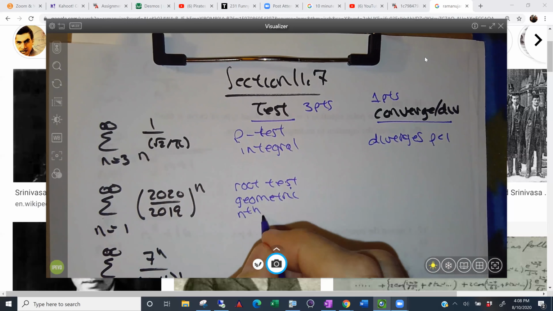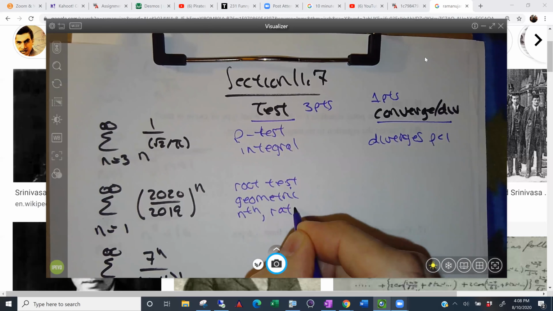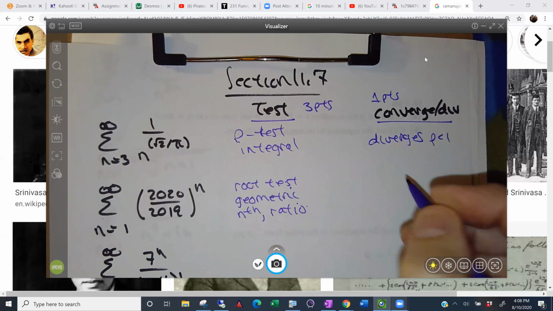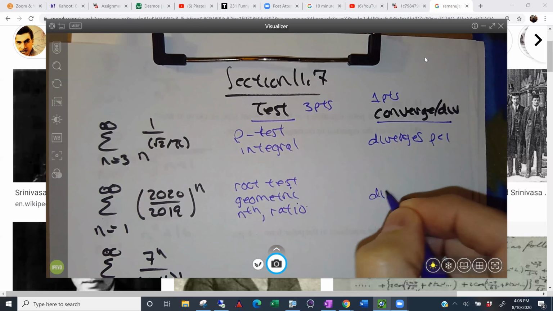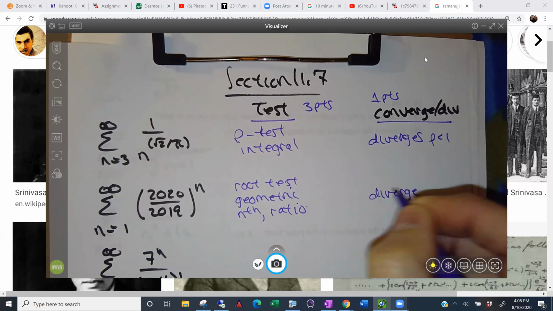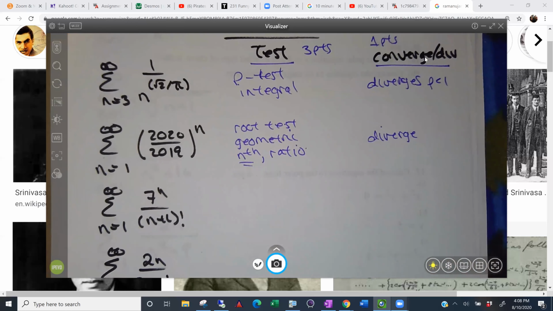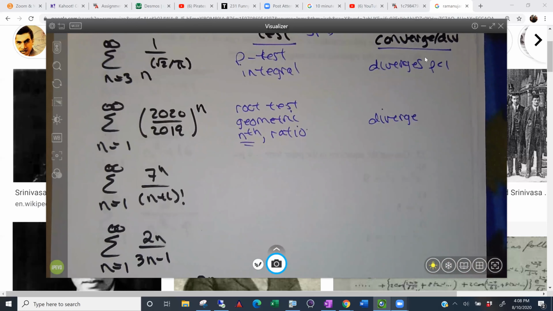Other answers that would work would be the ratio test. You could probably integrate that as well, but I wouldn't suggest that one. This one's going to diverge because these aren't going to 0. The nth term cannot be used with convergence. If you're getting the feeling that I get that answer a lot and that it frustrates me, then you're very perceptive.